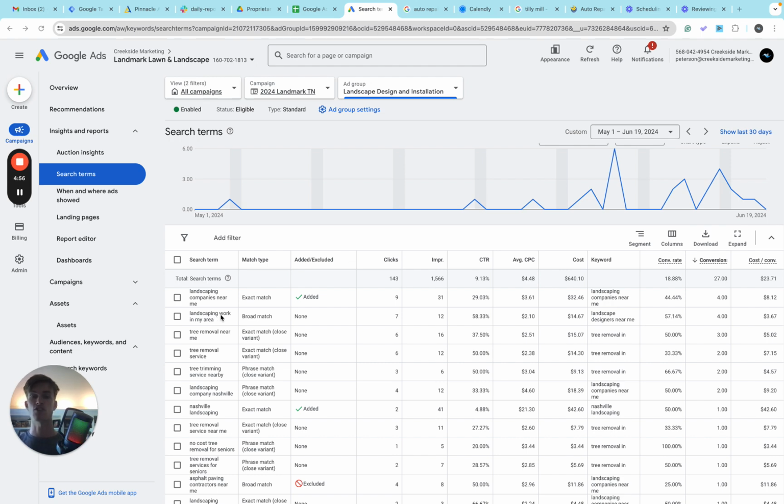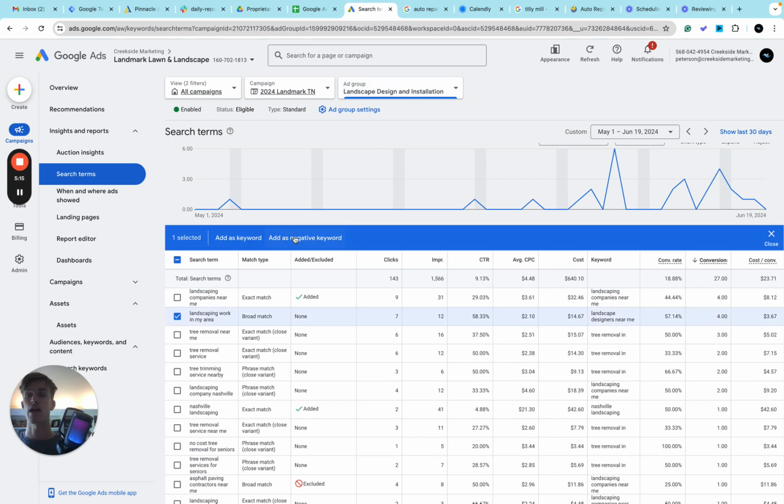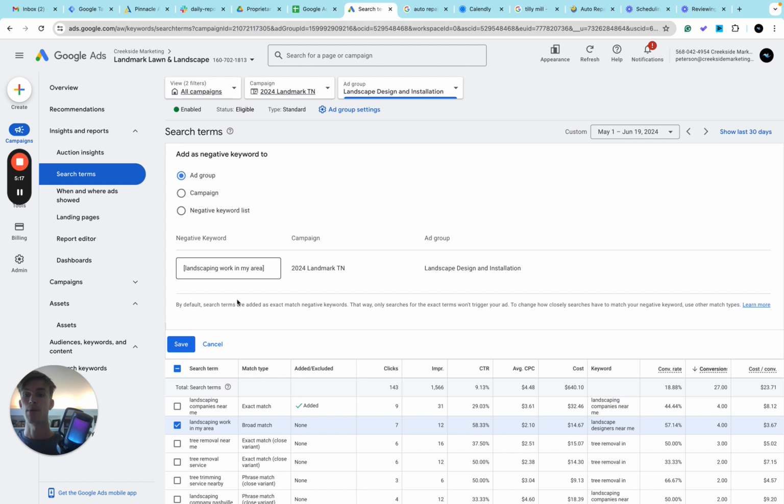So this would be a case where even though it's got the conversions that we're looking for, we actually do not want to add it, even though it lines up with the match type, because the specific search term doesn't line up with what we are trying to promote in this ad group. So what we would do here is add this as a negative keyword, because it's clear that we're spending money promoting our services to people who aren't interested.